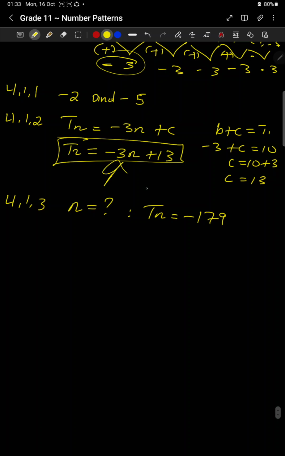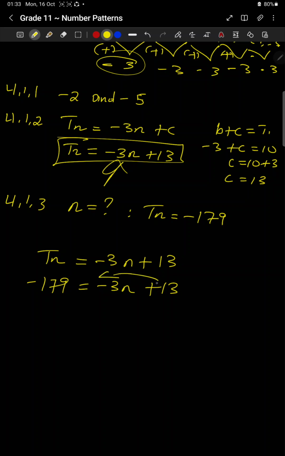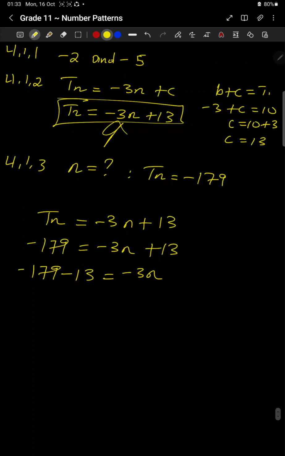So we'll be using this formula: -3n plus 13 equals -179. I transpose 13 to the other side, so -179 minus 13 gives -192, equals -3n.